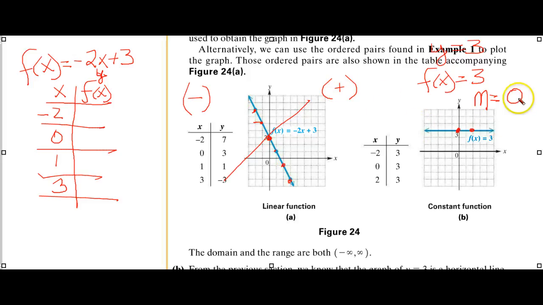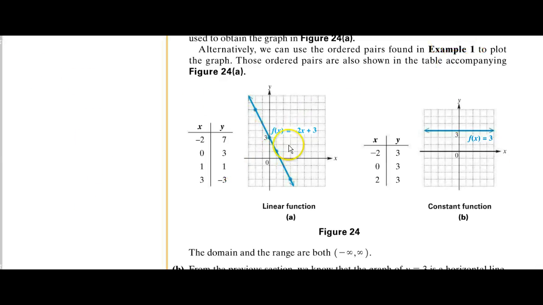Horizontal line, zero slope. Now another thing they're asking about this is, what is the domain for each of these? And what is the range? Well, remember, domain are your x values. So theoretically, in time, this is going to head out to that left direction. And what is way out there on your x axis?